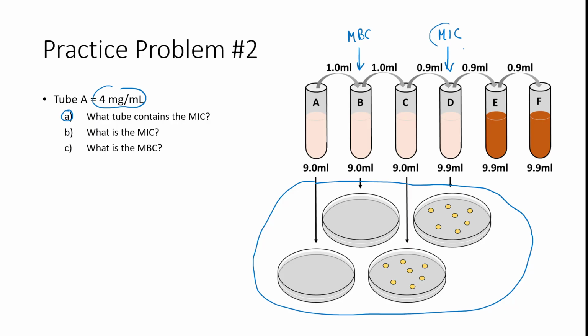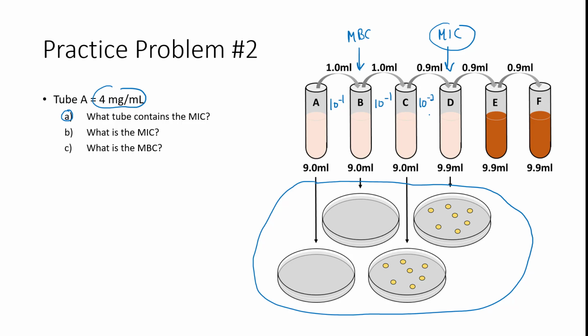So let's focus on the MIC first. We need to determine what the total dilution factor is here in tube number D. So 1 in 10 from A to B, that's 10 to the minus 1. 1 in 10 from B to C, that's also 10 to the minus 1. And then 0.9 and 9.9, that's a 1 to 100, and that's a 10 to the minus 2.